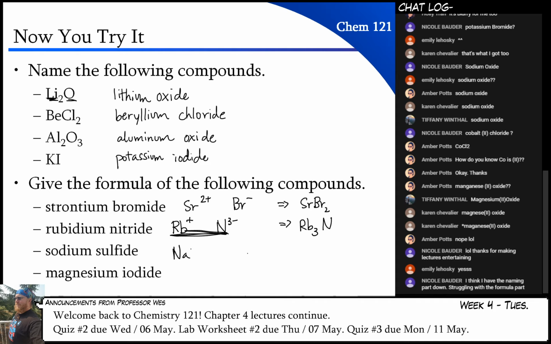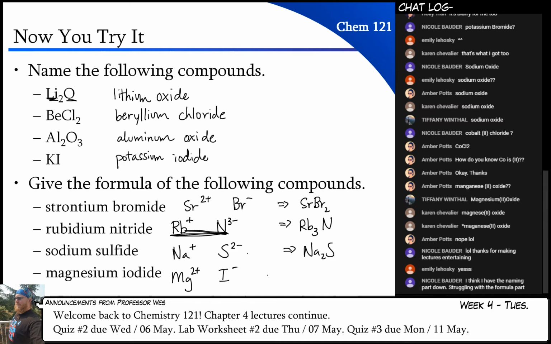So sodium, what ion does it form? It forms plus. Sulfide, what ion does it form? 2 minus. I can make the ionic compound. Magnesium, what ion does it form? It's this. Iodide, what ion does it form?